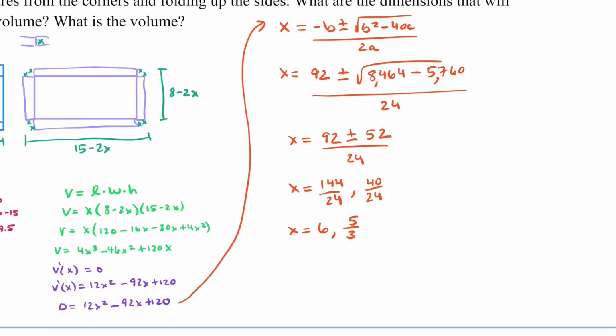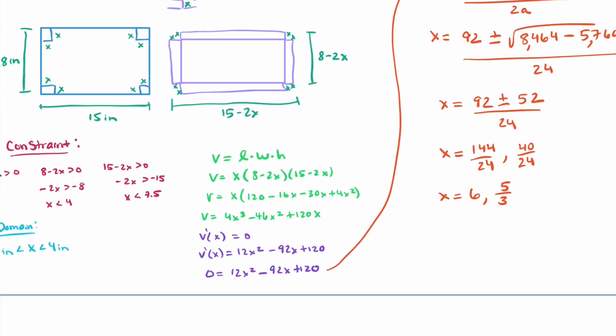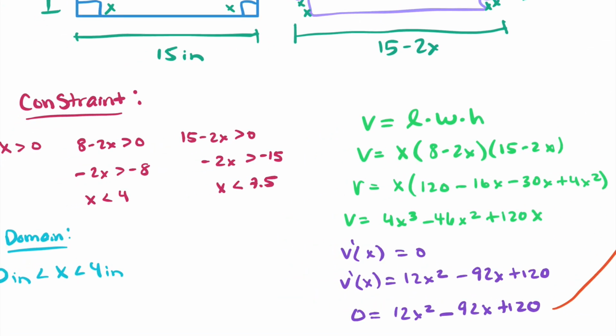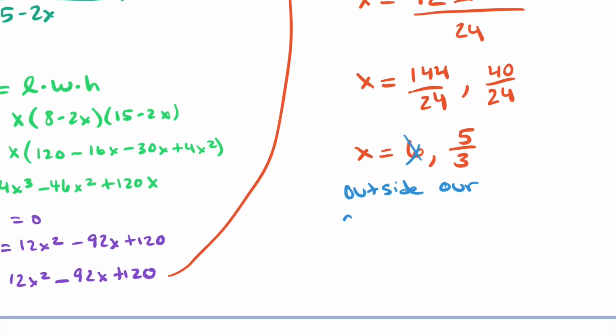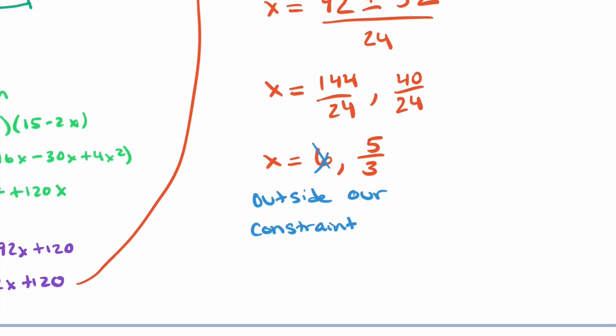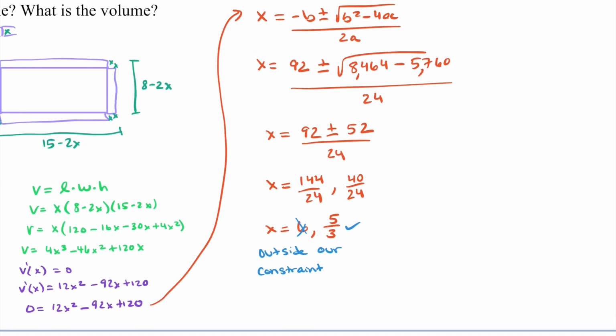Now again, could have factored that. Let's see. Ooh, 6 doesn't work. 5/3 works. This one does not work. We're going to say it's outside our constraint or domain. So 5/3 is going to be exactly what we have.